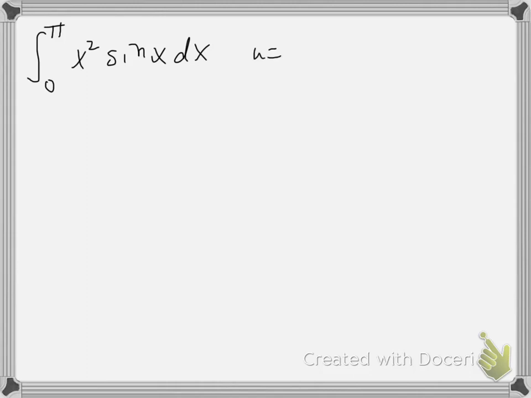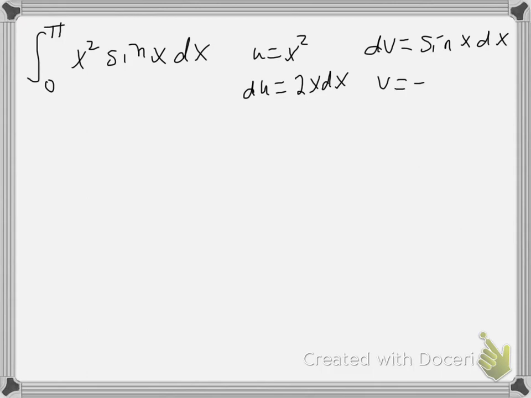So our natural choice for u should be x squared. Du in that case will simply be 2x dx. Our dv will be sine of x dx. So v will simply be equal to negative cosine of x.